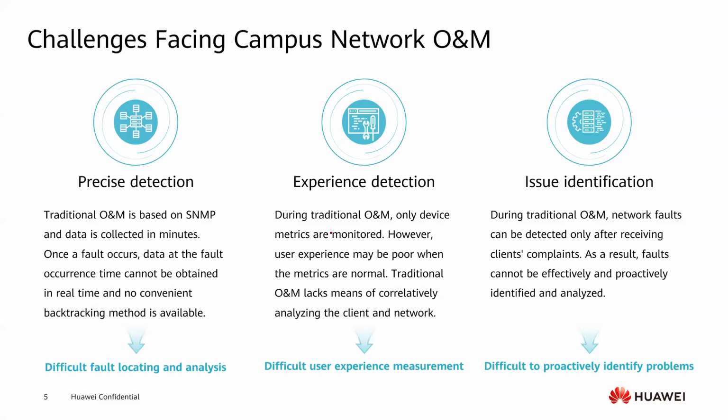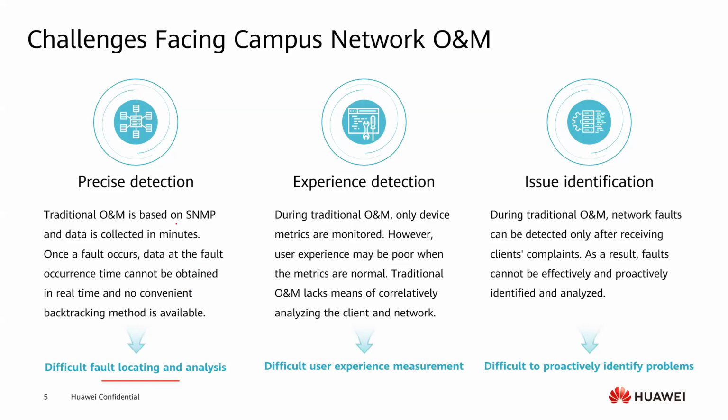We have talked a lot about the challenges we face in campus network operation and maintenance nowadays, such as the difficulty of locating and analyzing faults. Traditional O&M is based on SNMP. It only alarms you when a fault occurs, but you do not know exactly what happened at that time.